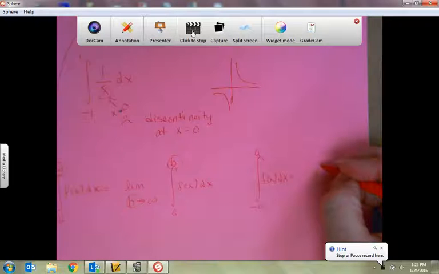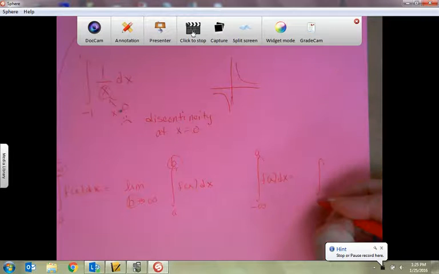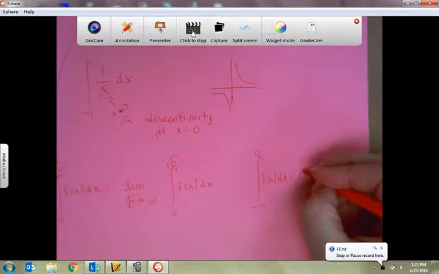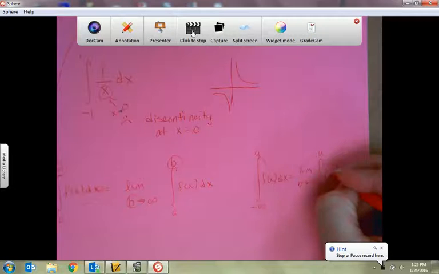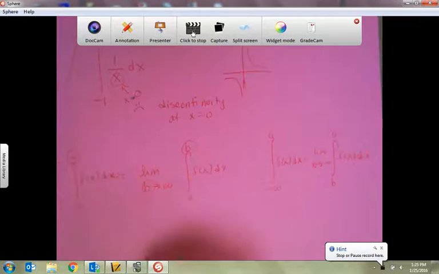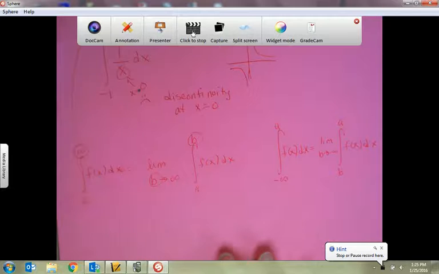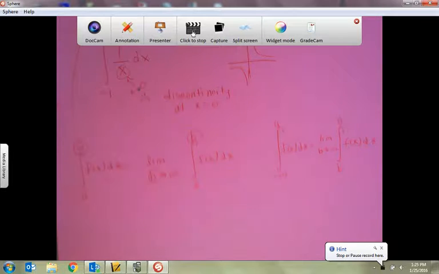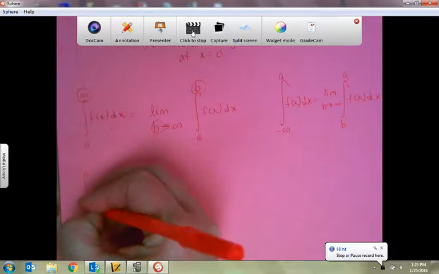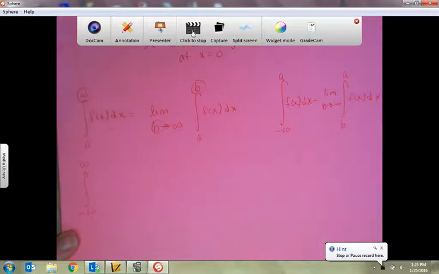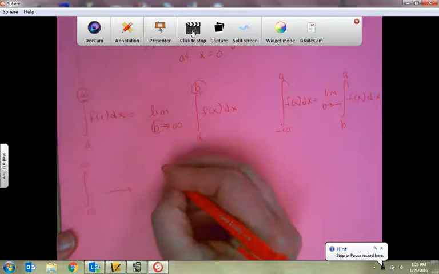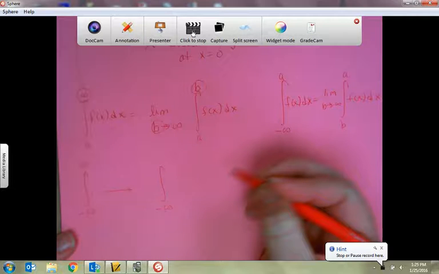Then you're going to break it up. So you're going to go negative infinity to some number plus that number to infinity. And then basically you're going to have to apply this rule here and this rule here. So it's just going to be a little more work, but not bad. So those are going to be those improper integrals with the infinities.